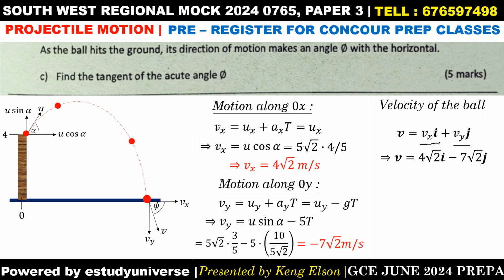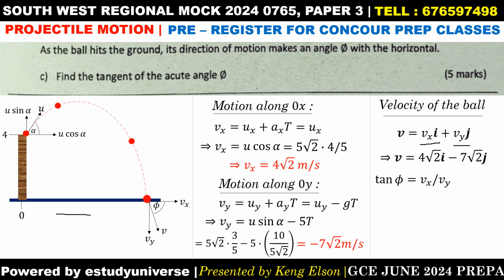When they say its direction of motion makes an angle of phi with the horizontal, they mean that the final velocity makes an angle of phi with the horizontal. So the tangent of the angle will be Vx over Vy. Let me look at this angle here.